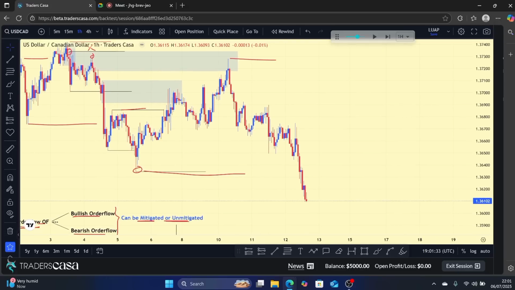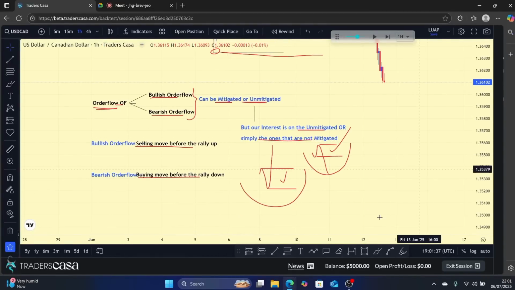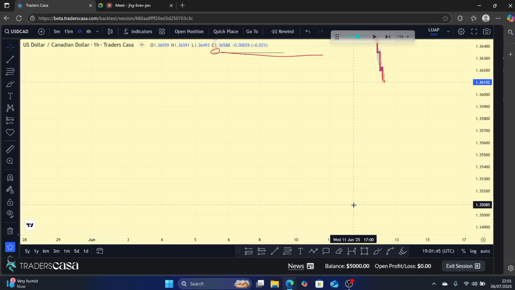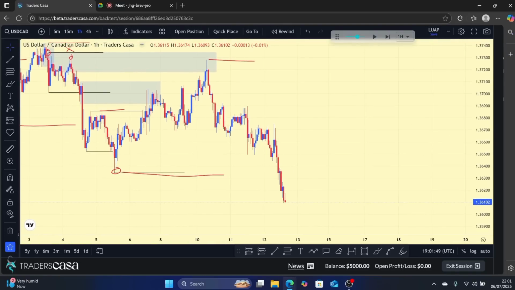All right, so right here we said, let me delete this so that I can clearly see we are going down and down and down. So let me get rid of all these. All right, so exactly here we said that if you want to do it right, make sure that the inducement is taken out. So right now, where is the inducement? Let me just use a line.